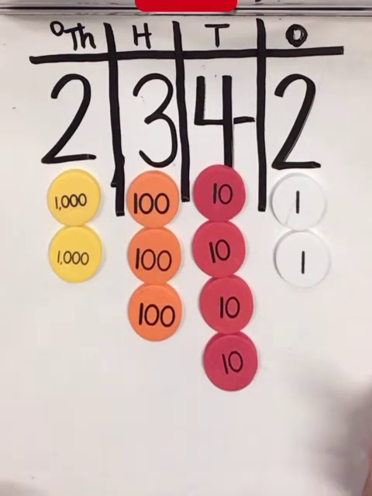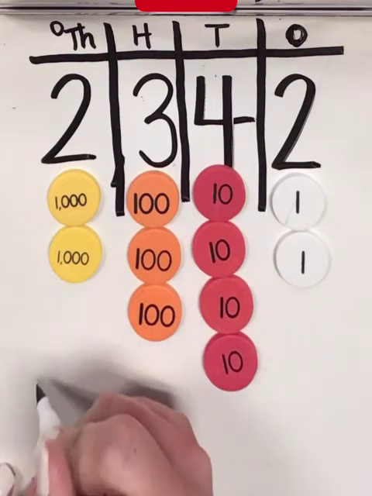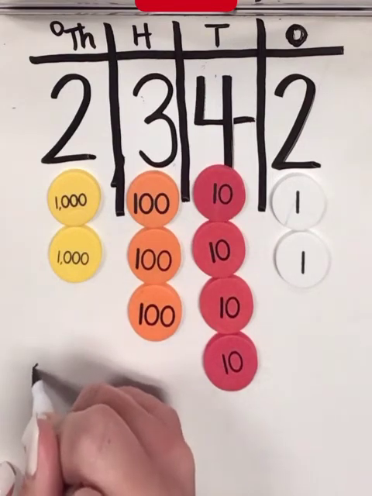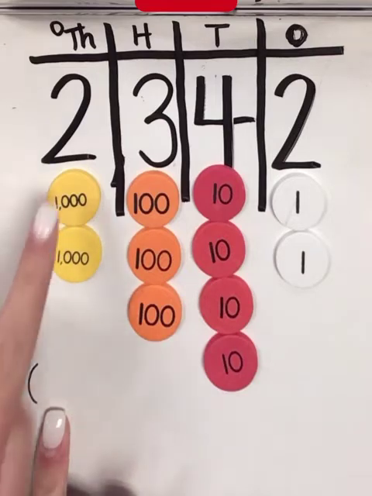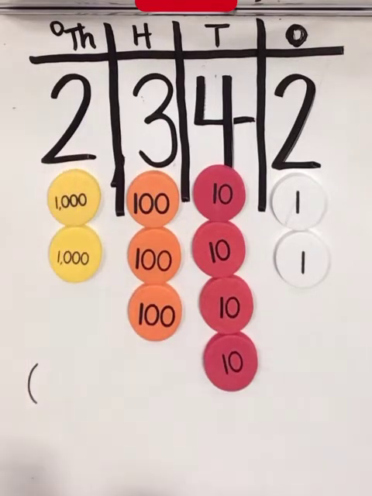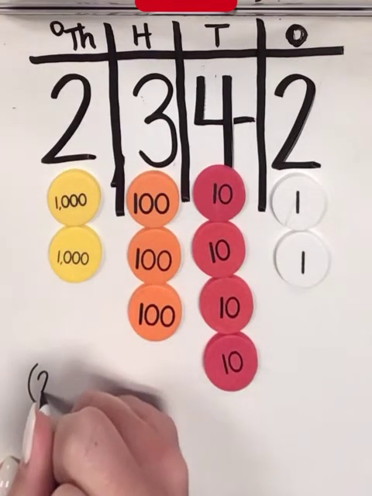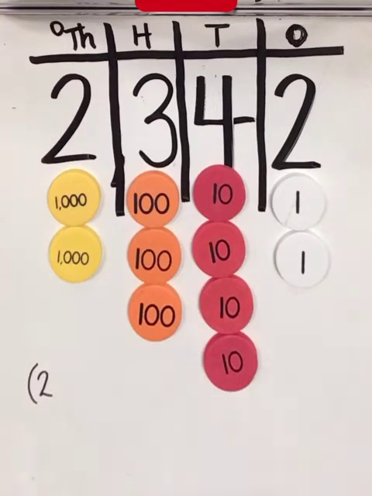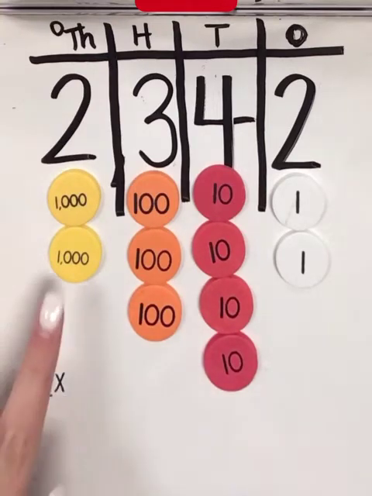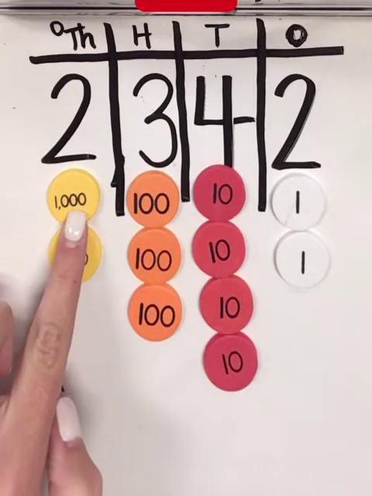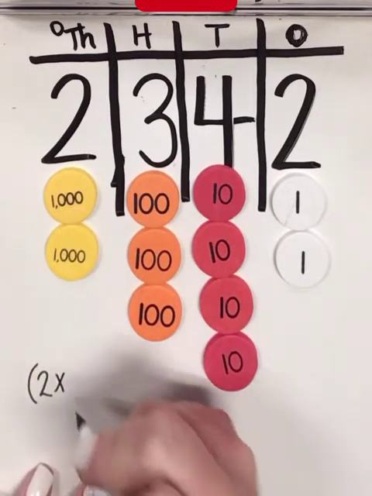When we write expanded notation, we're going to use our parentheses. The first number that I'm going to put in the parentheses is the digit. My digit right here is 2. And we're going to multiply it by the value, and the value is 1,000.